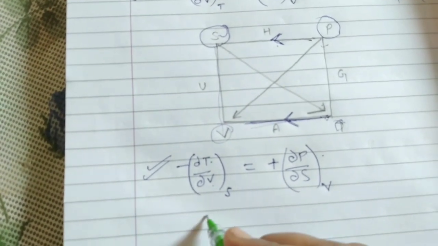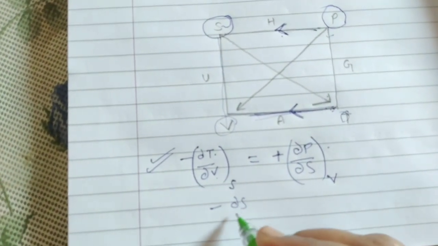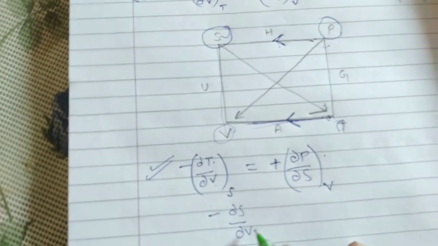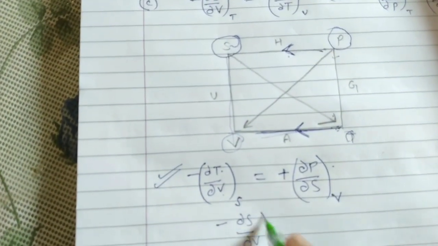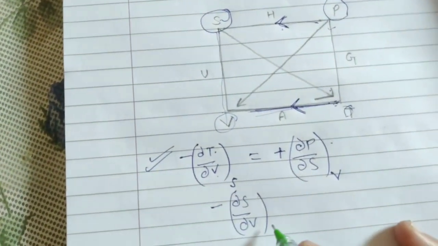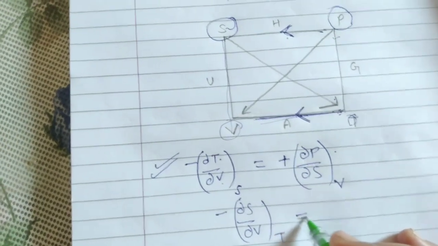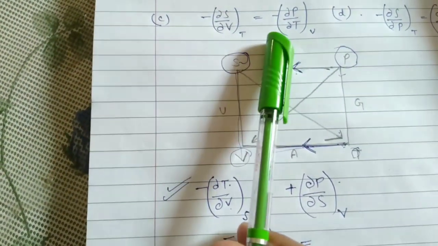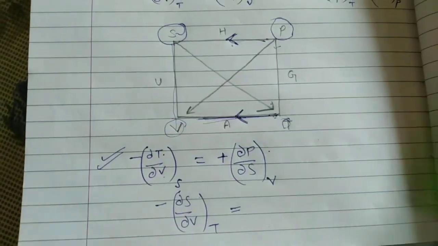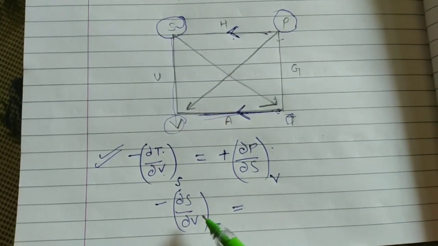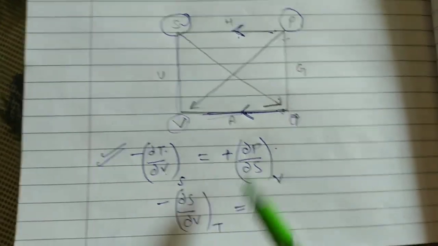Let's try the C part. The C part is minus of partial differentiation of entropy divided by partial differentiation of volume at constant temperature. We have to check whether this given relation is correct or not. So similarly we have to draw the path first in the thermodynamic square.